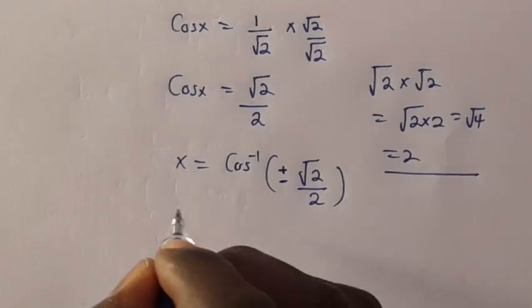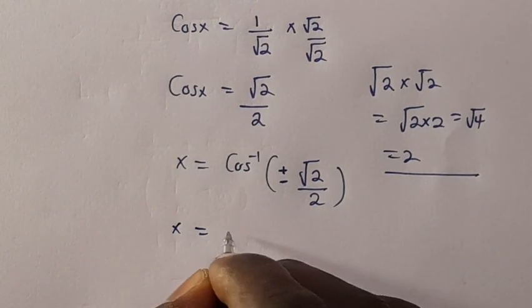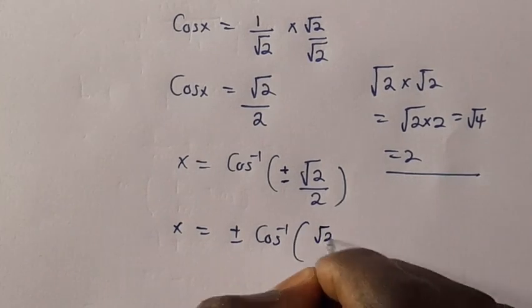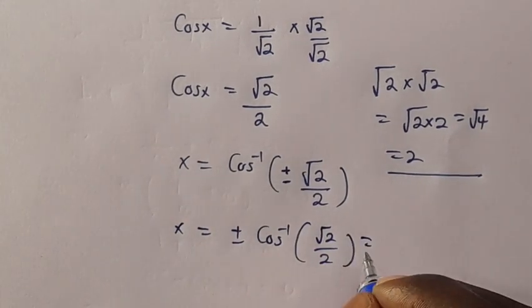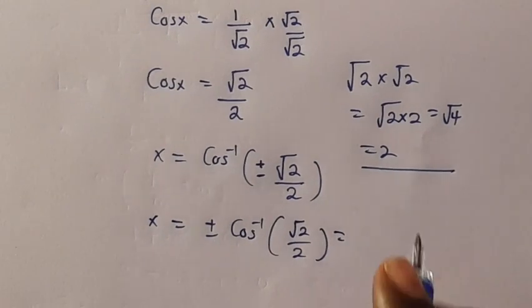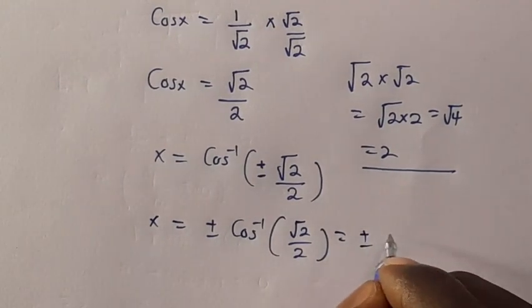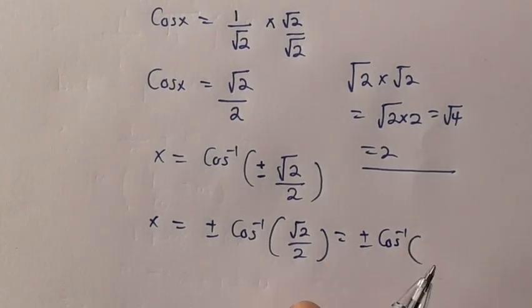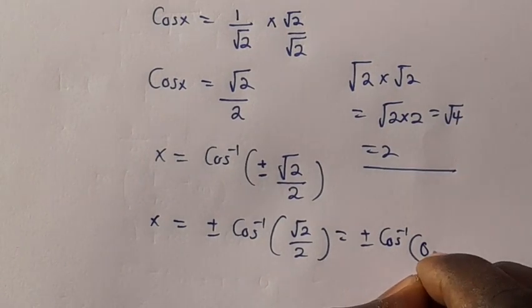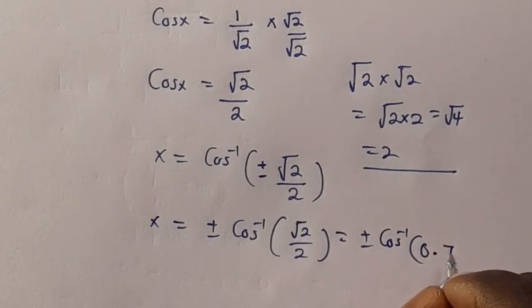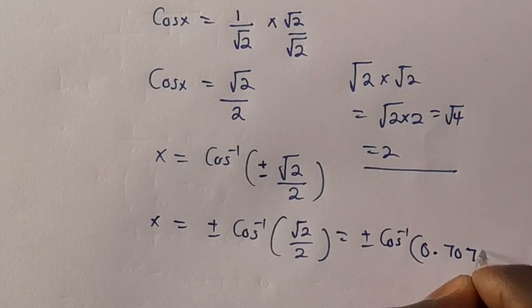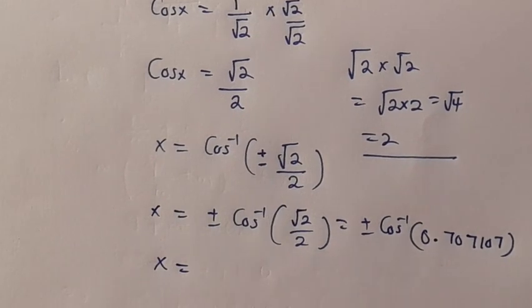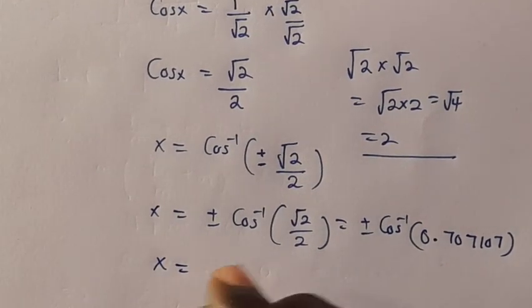So we have our x to be positive or negative cos inverse of square root of 2 divided by 2, which equals positive or negative cos inverse of 0.707107.